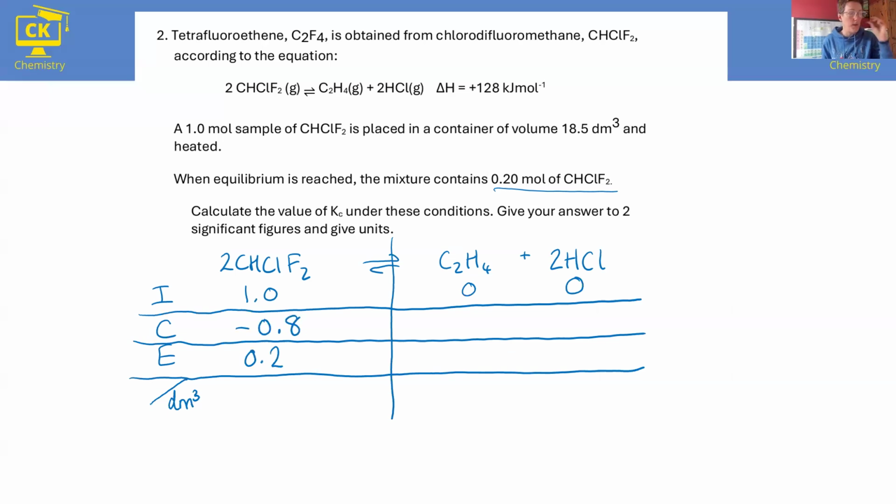And I think most people get these wrong when they skip the change column and try to do it too fast. In this case, that is going to go up by 0.8. This one is going to go up by 0.4. Happy with that?